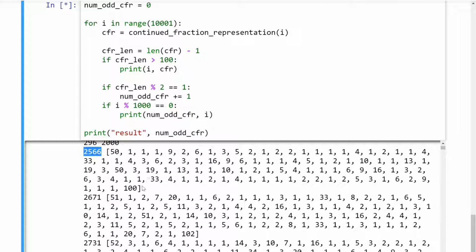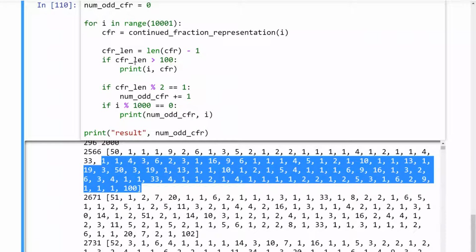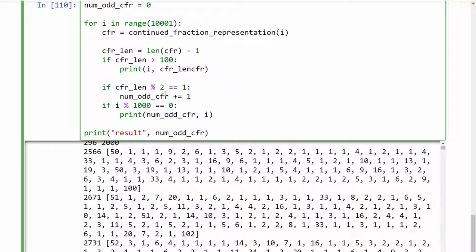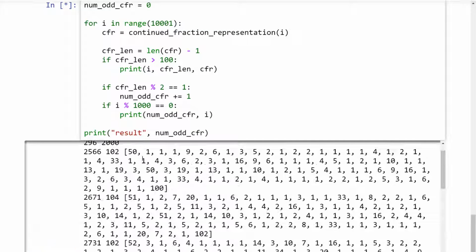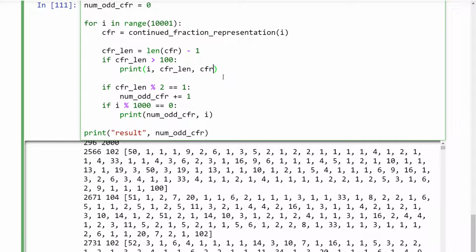So there are ones that are quite long. I guess I don't need this. I could do up to, I don't know, 10.